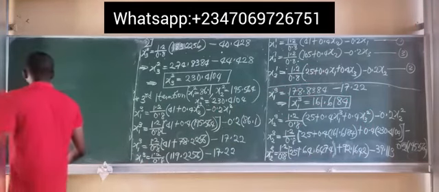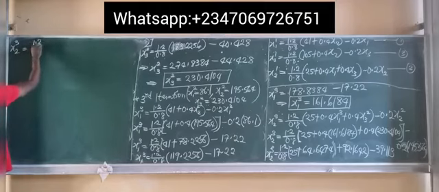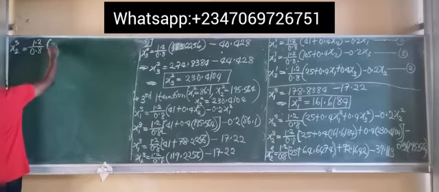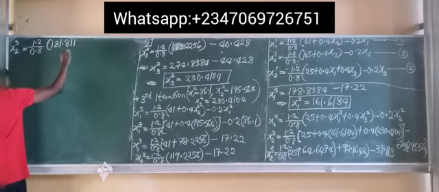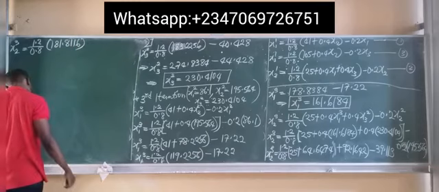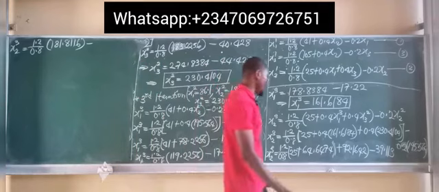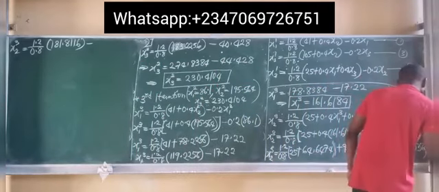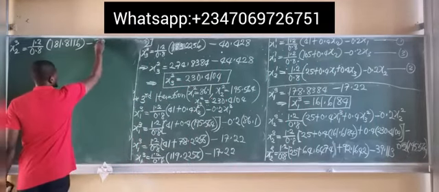So we have x2 of 3 equal to 1.2 divided by 0.8 multiplied by 181.8116, minus 39.113.